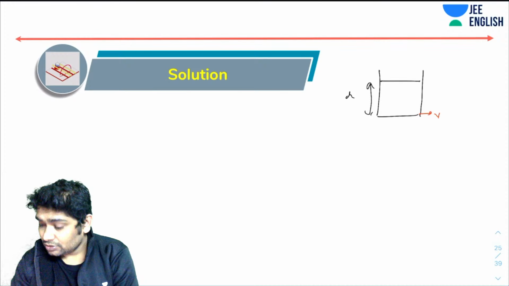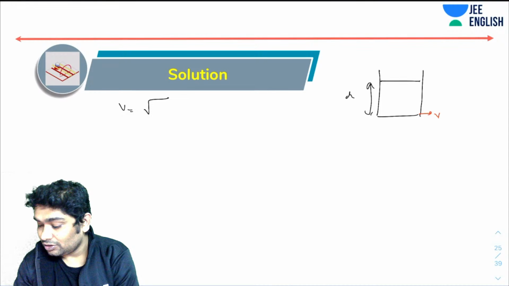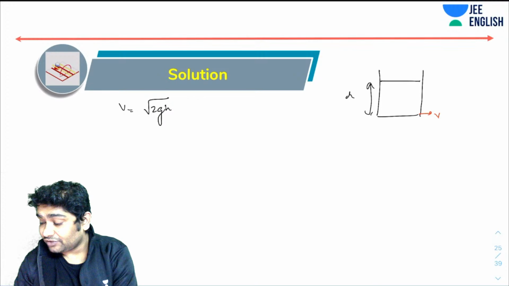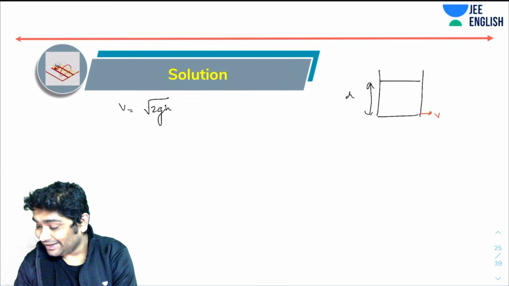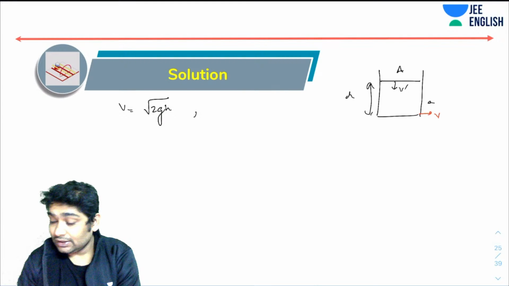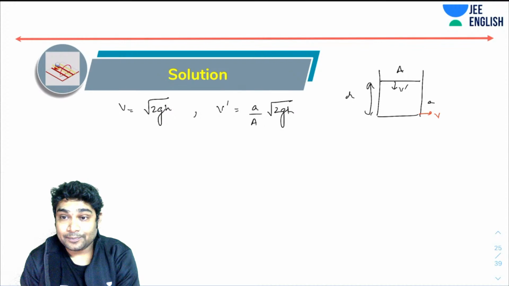Now can I say that this v would be equal to root 2gh first of all. Also, if the area of cross section here is small a, and the area of cross section here is capital A, and the liquid is flowing from here at a rate of v dash, then this v dash would be a v over A, right?